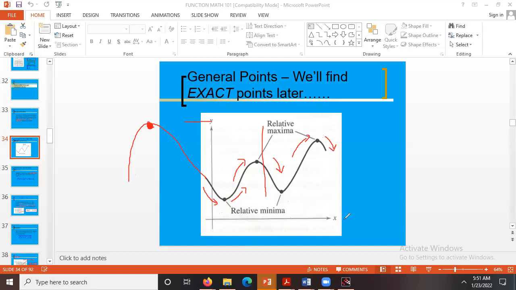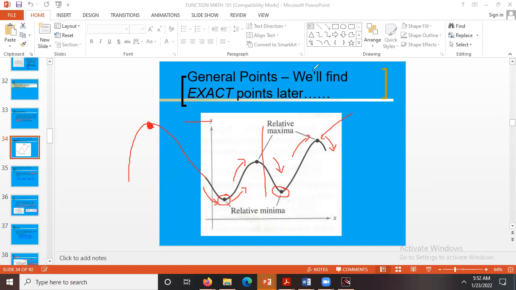So as long as the domain has not been provided, we cannot conclude that this is the absolute maximum value. So we say that it's a local maximum or a relative maxima. In the same way, because the domain has not been defined, we also say that this is a relative minima. They are relative because in comparison to others outside the plane, these are minimum points, but we cannot say they are absolute until the domain has been defined for us.